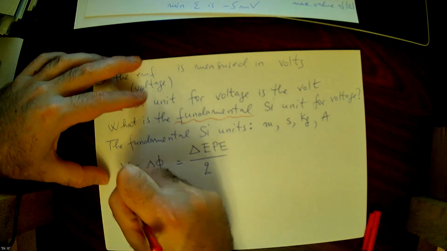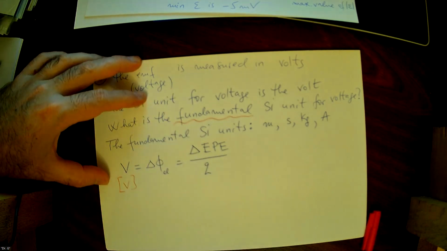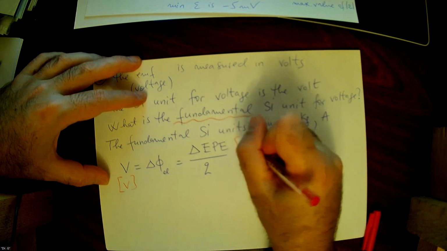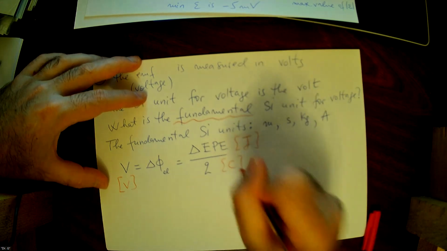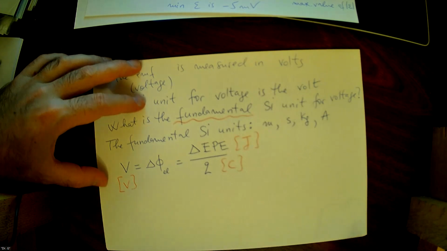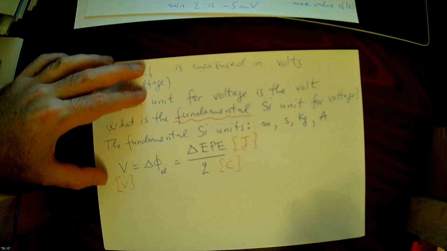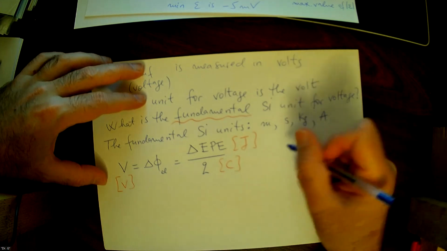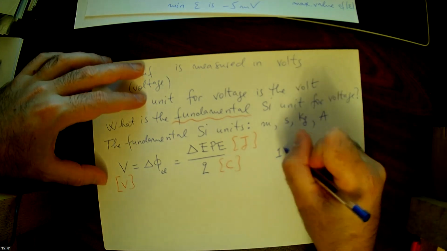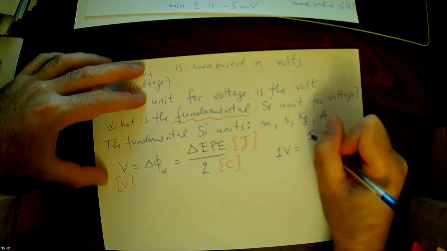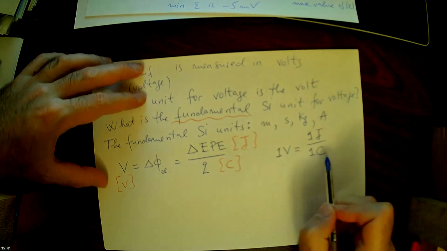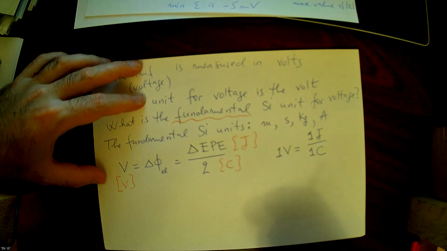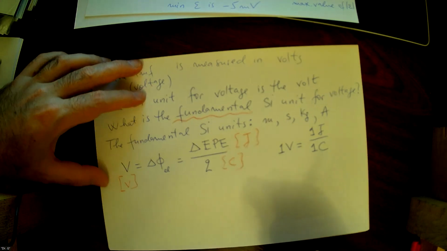Voltage is measured in volts, energy is measured in joules, electric charge is measured in coulombs. So that gives us a relation: 1 volt is equal to 1 joule over 1 coulomb, but the coulomb is not a fundamental SI unit.